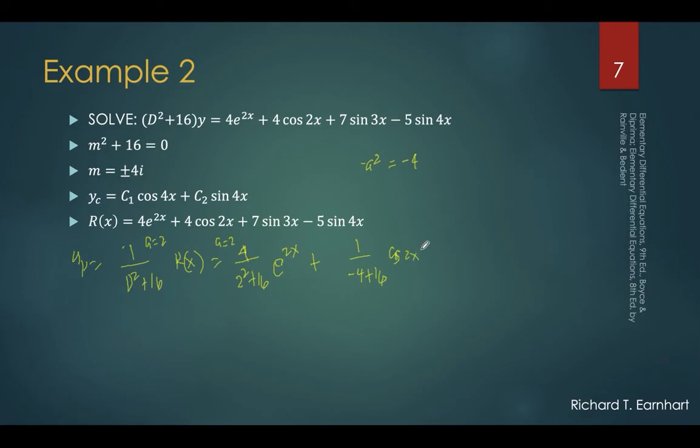Okay, plus 4, 7 sine 3x, your a here is 3. So that will be 7 over, negative a squared, so negative 3 squared, so that will be negative 9. So you have here negative 9 plus 16, and then sine 3x.